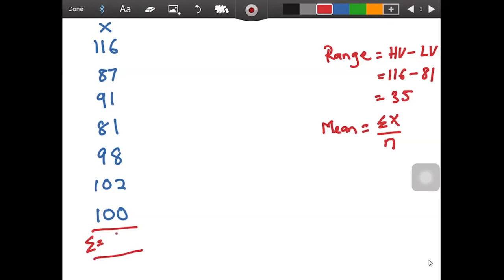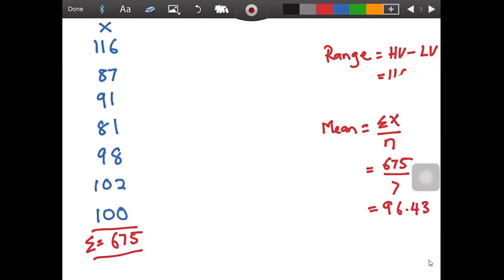It will give 675. So 675 divided by 7. Okay, ada 7 data. So 7 divide equals to 96.43. This is how you calculate your range and mean.